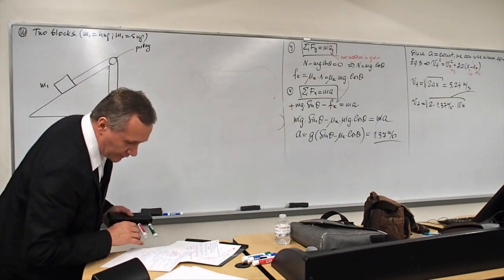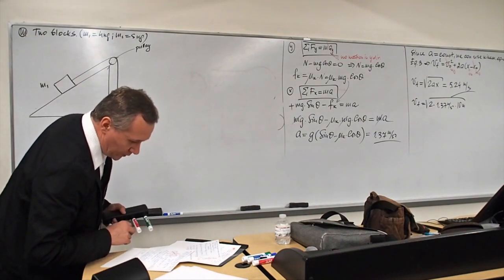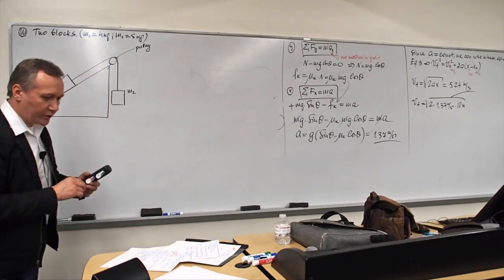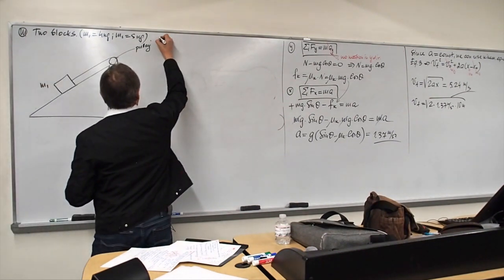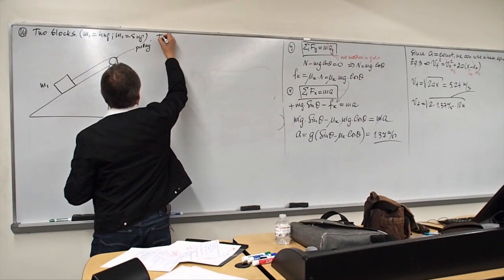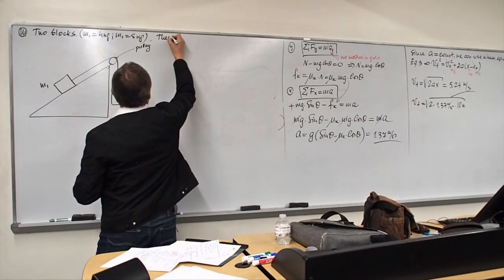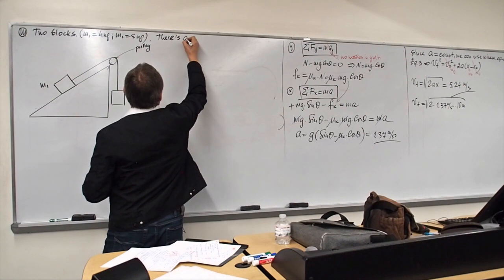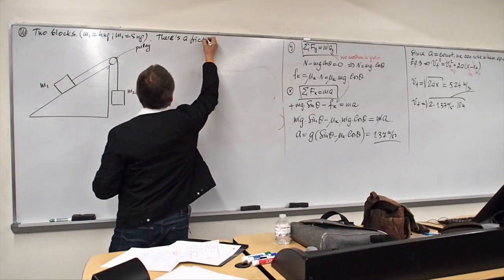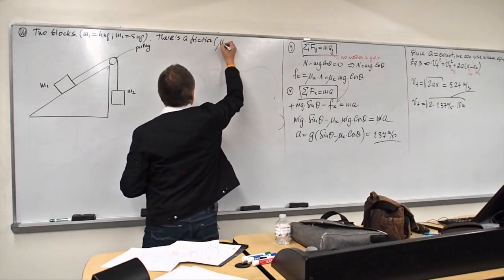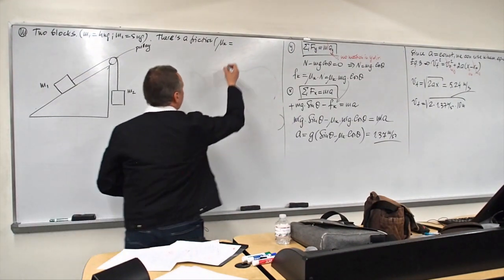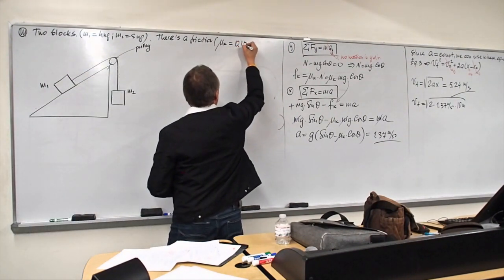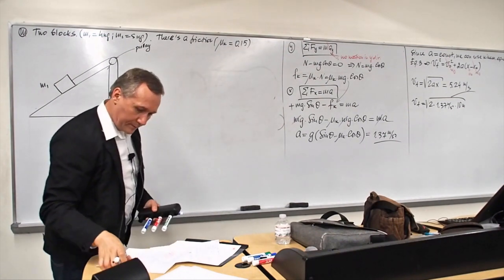Right, so what else is given? Oh, there is friction on the incline. The coefficient of kinetic friction is, I don't remember, 0.15. What else?